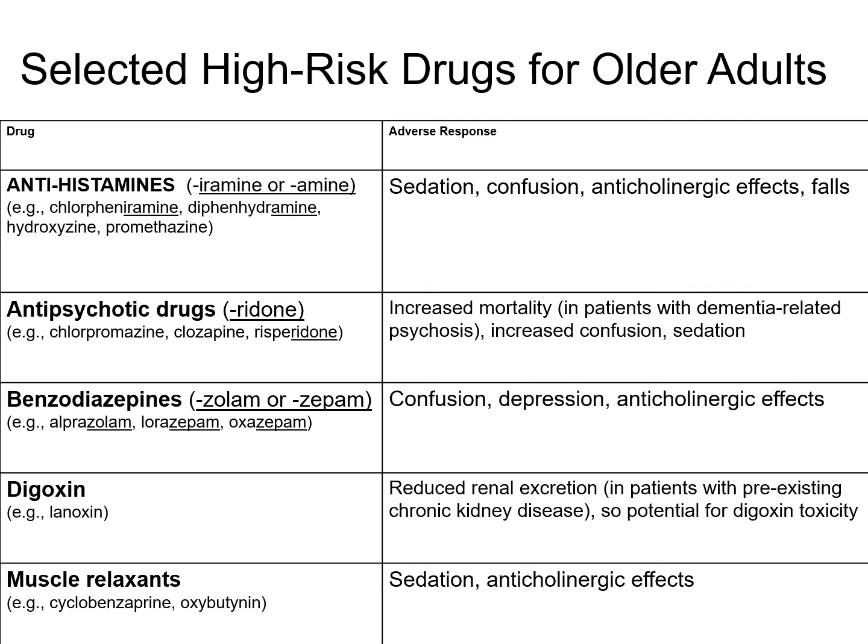So being awake. So if a drug has a lot of anticholinergic side effects, sure, it's going to affect all kinds of organs in your body, but when we're talking about the brain, if it's anticholinergic, it's going to cause sedation, confusion that potentially can lead to falls and bad injuries.